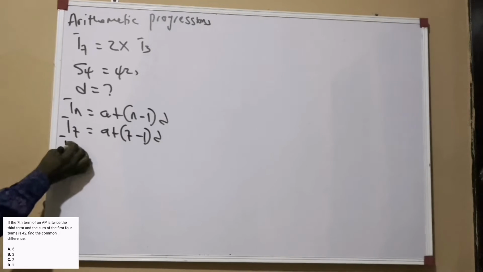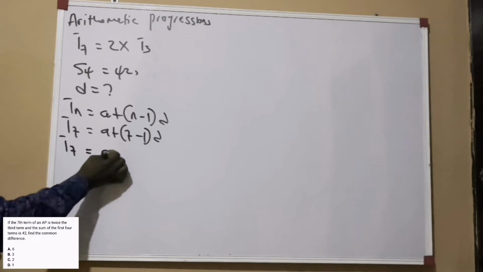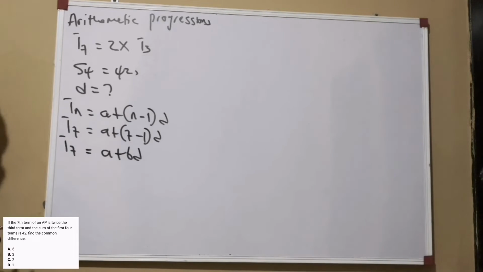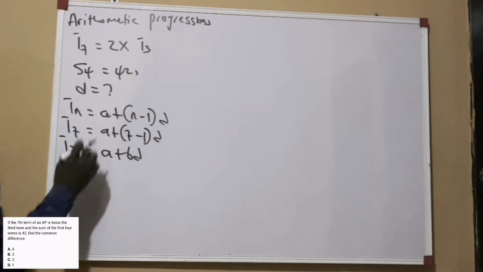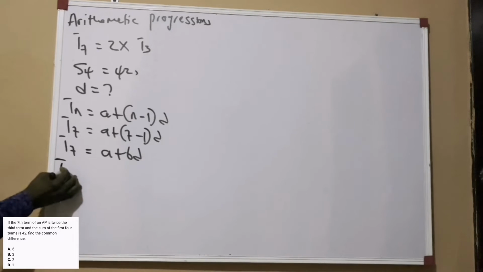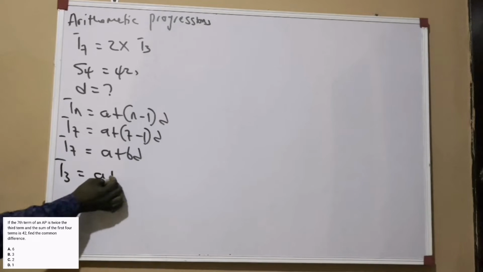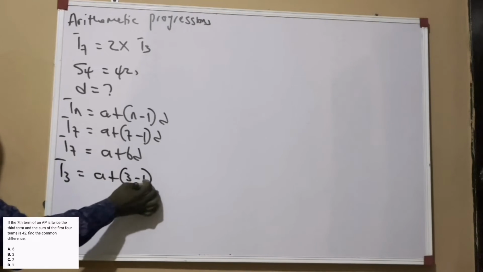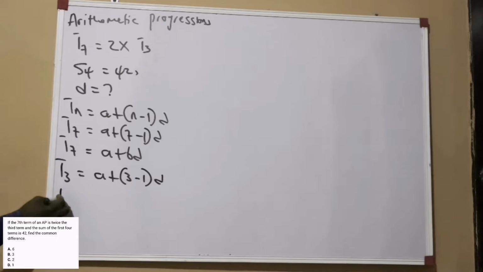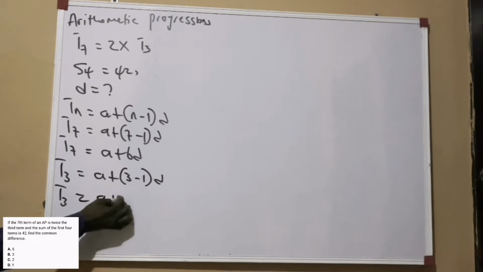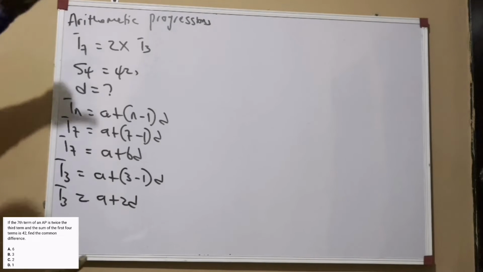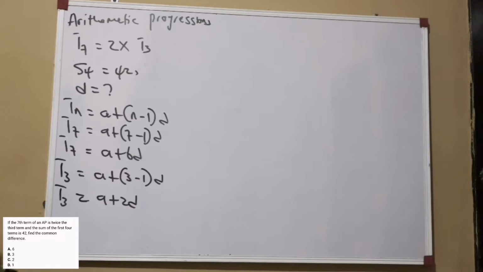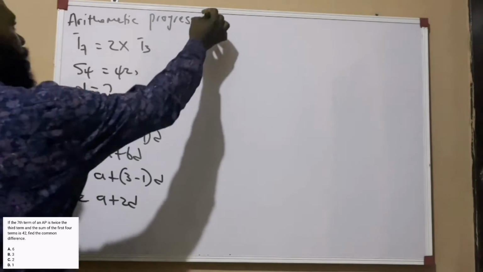So T7 becomes a plus 6d, as 7 minus 1 is 6, and 6 times d gives us 6d. And then for T3, we have a plus 3 minus 1 d, which means T3 is equal to a plus 2d. Now substituting a plus 6d for T7 and a plus 2d for T3, we are going to have this.